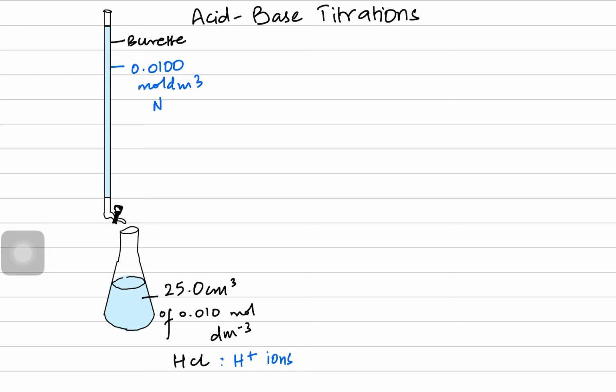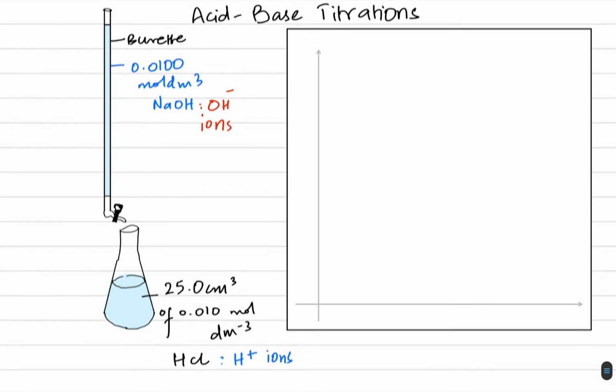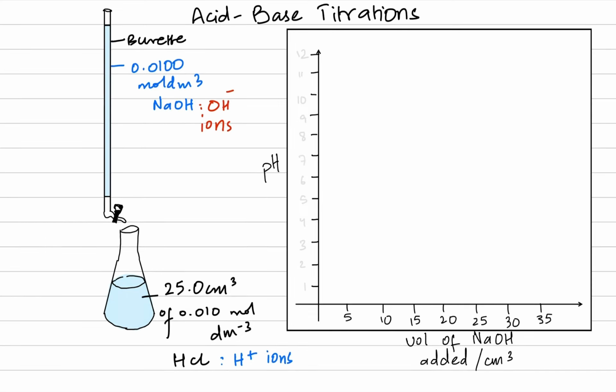It has the OH minus ions, right? So now I'm going to draw a graph with the volume of alkali added on the x-axis and the pH on the y-axis. So volume of sodium hydroxide added in centimeter cube on the x-axis and the pH on the y-axis.